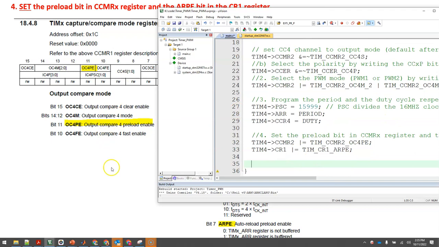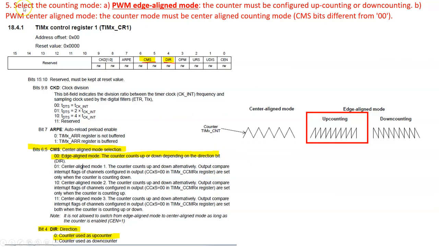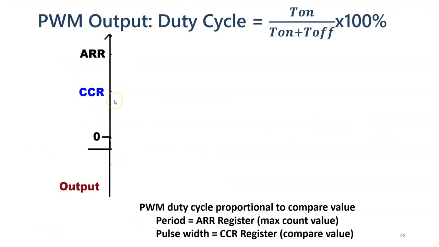Okay. Next, select the counting mode, PWM edge aligned. So we want to say edge aligned, counter runs up or down, and then we want to say the up counter, so 0, 0, 0. So it looks like that's all default if we want to leave it as is. Okay, leave default, so we can just leave everything at default there.